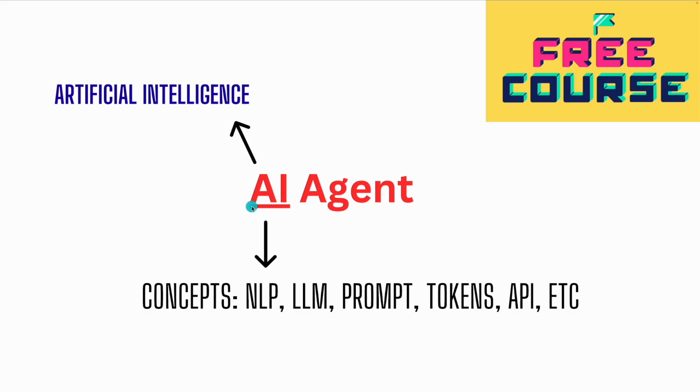In the case of AI, we have a lot of concepts like NLP, LLM, prompt, tokens, API, and much more. So frankly speaking, my dear friends, if you actually want to learn about AI in more detail, I will provide you one of the free courses I have on my website, which you can take as a free resource.